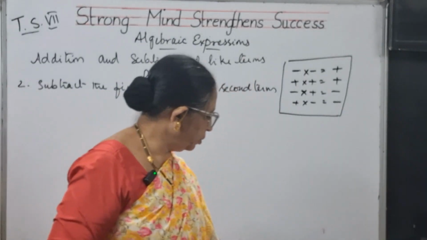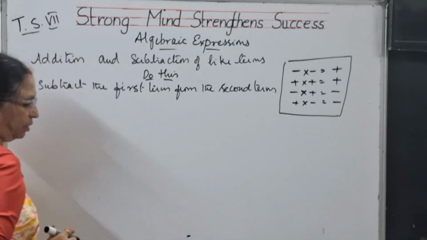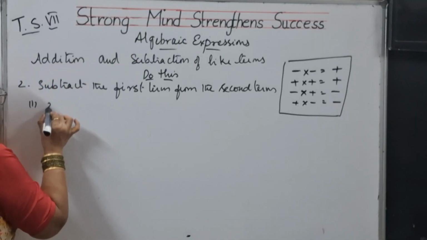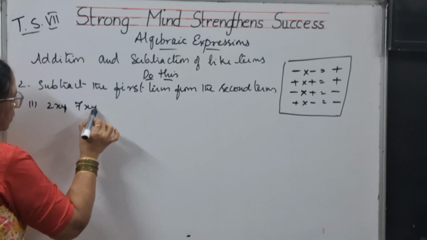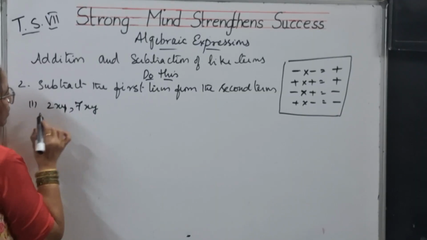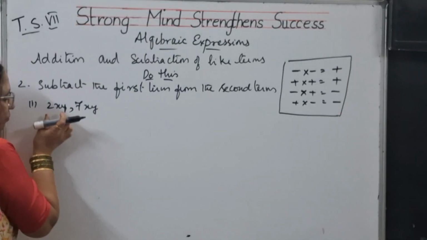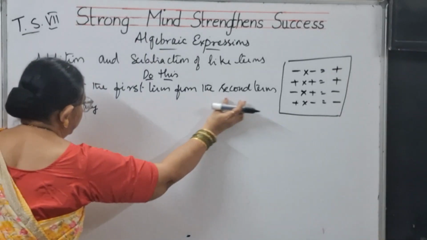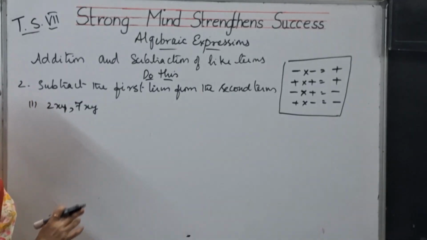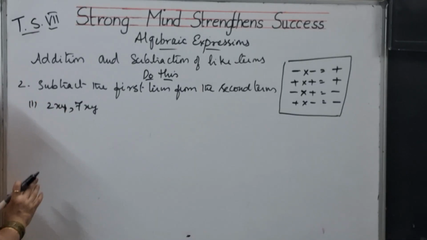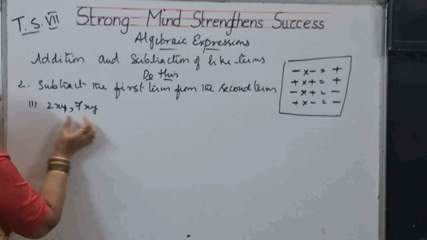Now the second problem of do this is subtract the first term from the second term. So first bit is 2xy, comma 7xy. So in this you have got first term is 2xy, second term is 7xy. Subtract the first term from the second term. Please carefully read the problem. When you have got this type of problems, usually I have found some children will take this and subtract it.